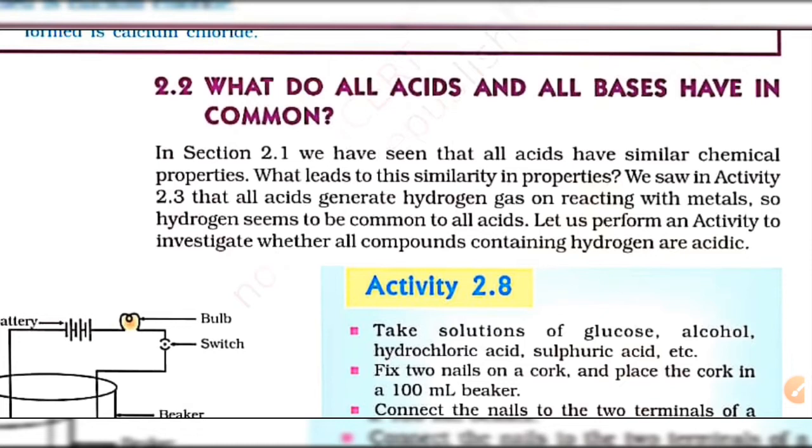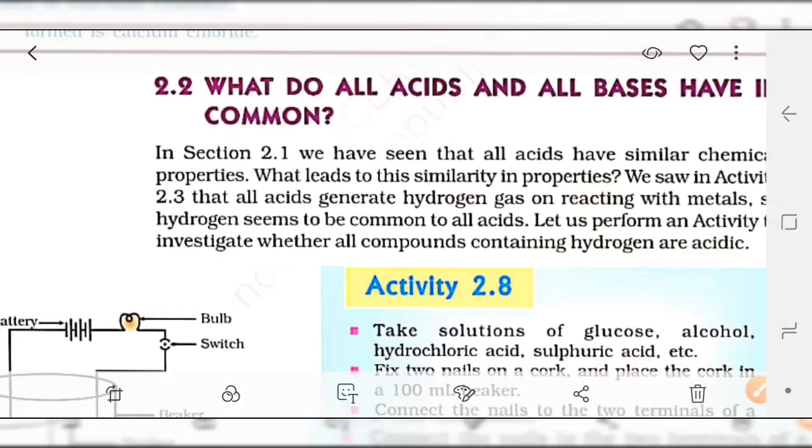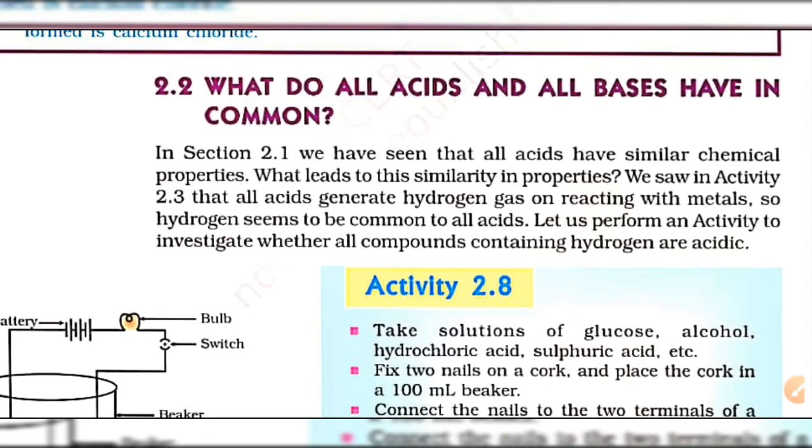What leads to the similarity in properties? We saw in activity 2.3 that all acids generate hydrogen gas on reacting with metals. So hydrogen seems to be common to all acids. Let us perform an activity to investigate whether all compounds containing hydrogen are acidic. So here the activity is given.